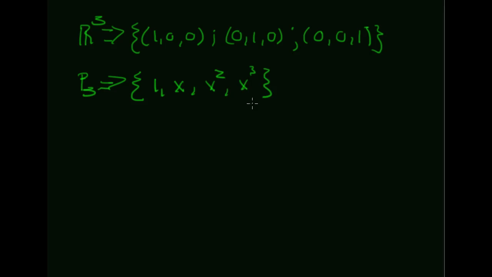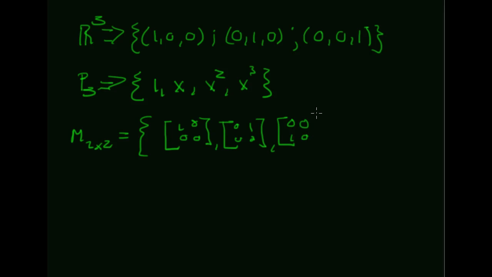I can make a linear combination of these and get all the polynomials of degree 3 or less. If I have 2 by 2 matrices, the standard would be to put (1, 0, 0, 0), (0, 1, 0, 0), (0, 0, 1, 0), and (0, 0, 0, 1), and it's pretty clear that I can combine these linearly and get everything that's in the 2 by 2 matrices.